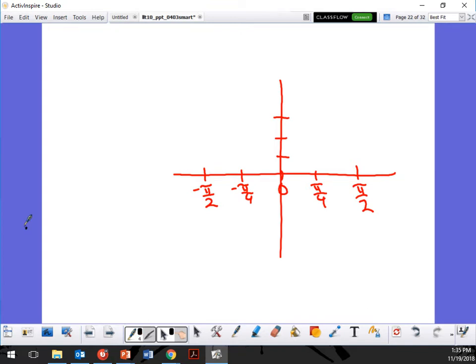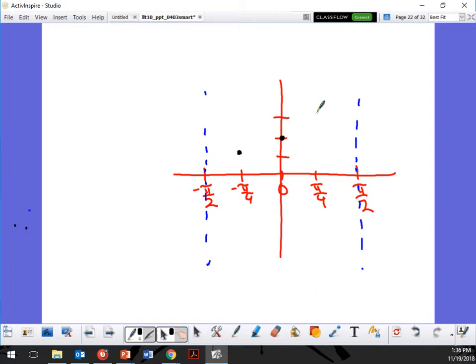Okay, I have my graph. Let's start by doing our asymptotes. What goes next? Those are the asymptotes. Negative pi over 4 is at 1. Is that 1? And then 0 is at 2.